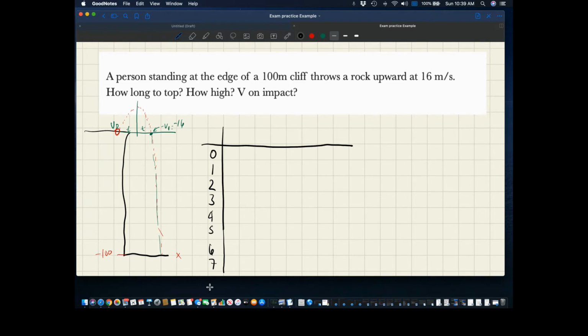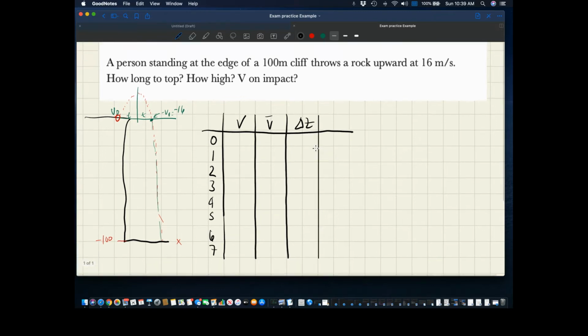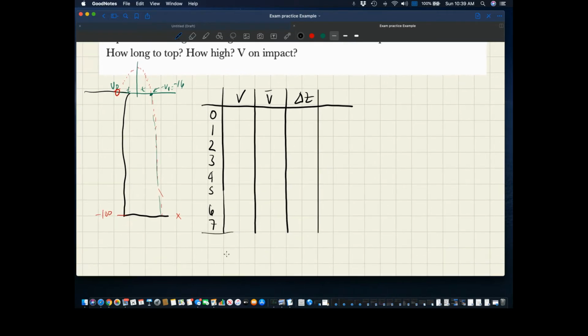The next quantity we are going to determine is the instantaneous velocity. Then the quantity after that is the average velocity. And after that, we will have the displacement, delta z. Just a reminder where these come from. So this is just a simple count.